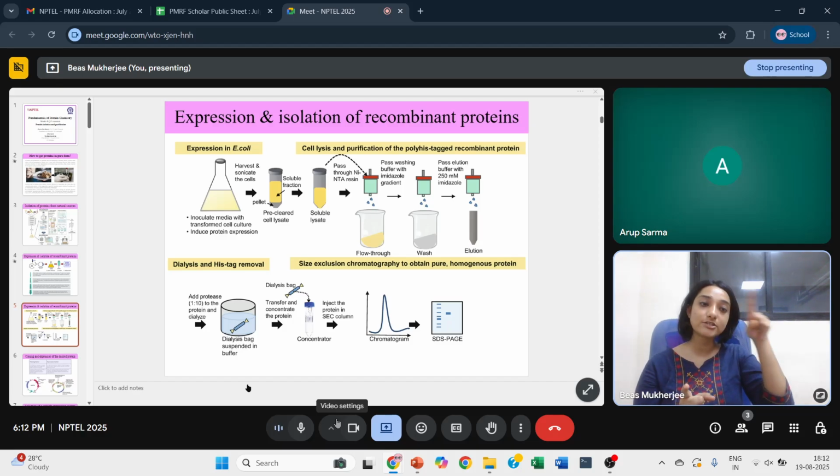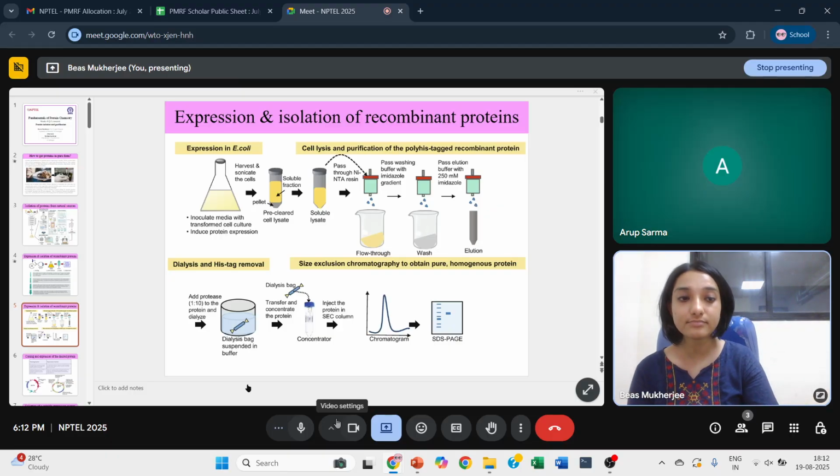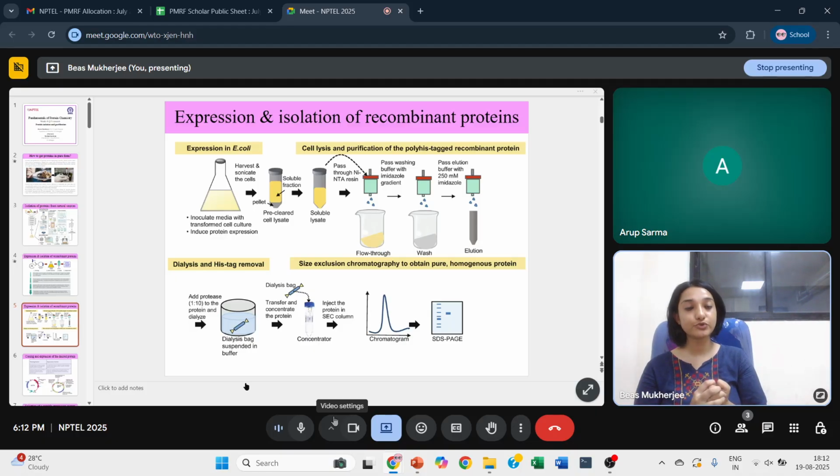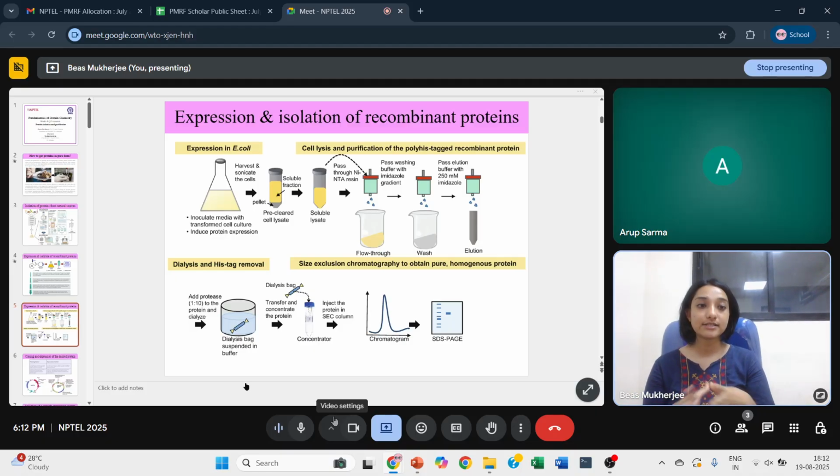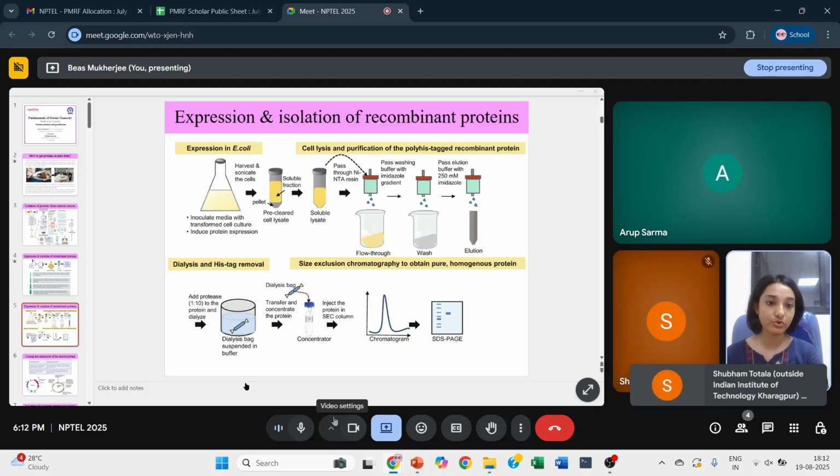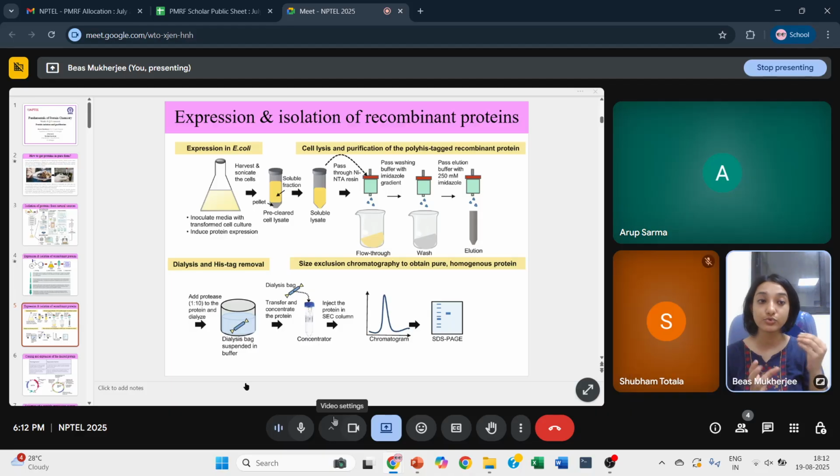Initially it is grown overnight, and then after that IPTG is introduced, and then let's say a particular protein requires 5 hours for growth, or maybe it requires 3 hours. That has to be optimized, plus the temperature at which it will grow also has to be optimized for different proteins.